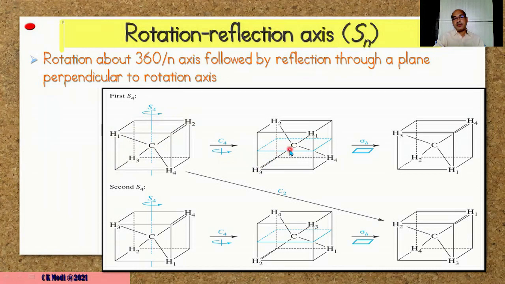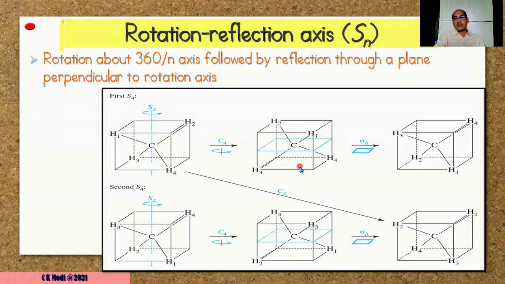So after 90 degree rotation on the Z axis, we get a new structure. Now compare with the original structure. Is it an equivalent structure? No, it is not equivalent, because H1 is here, and at that position there was no atom previously in the original structure. So this is not an equivalent structure.